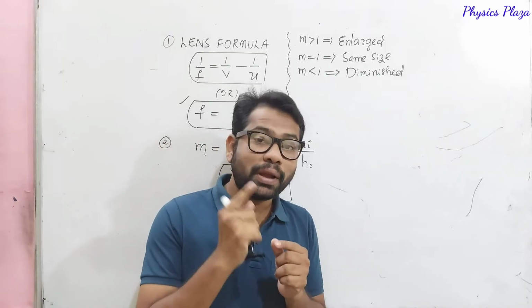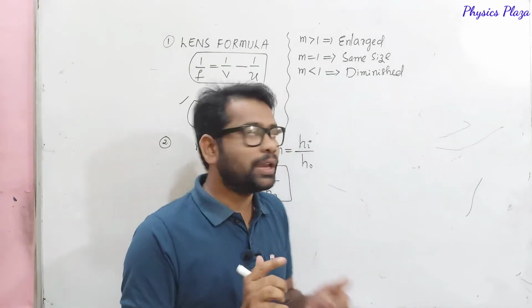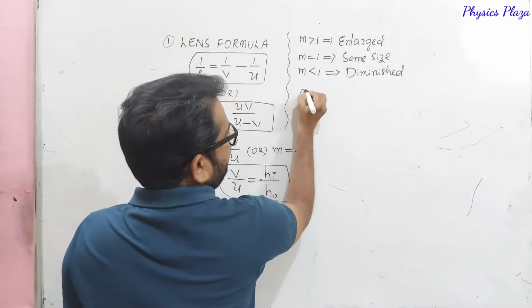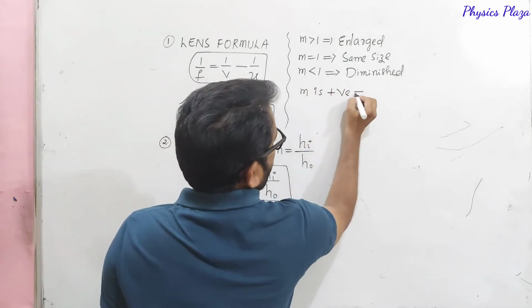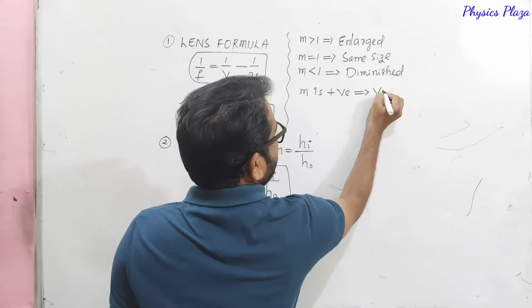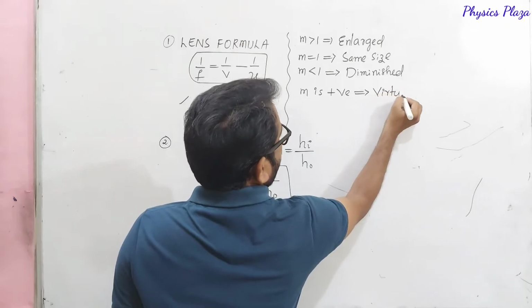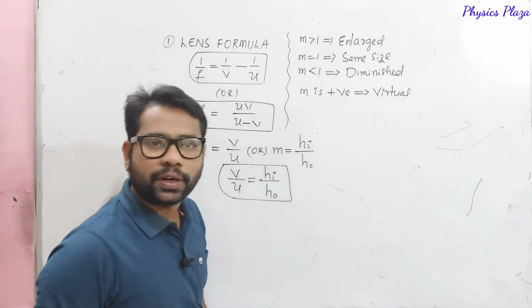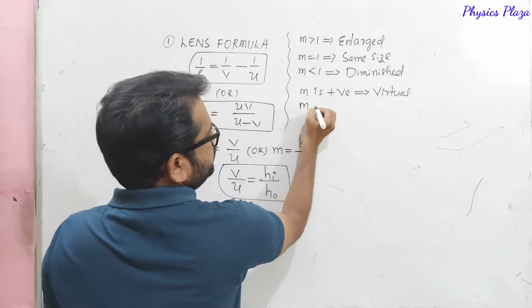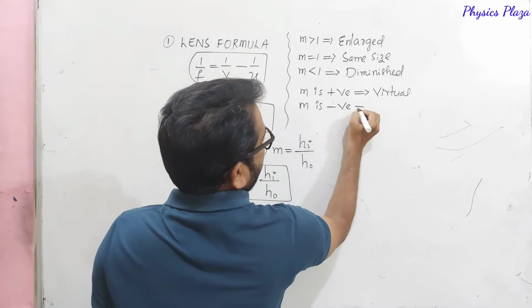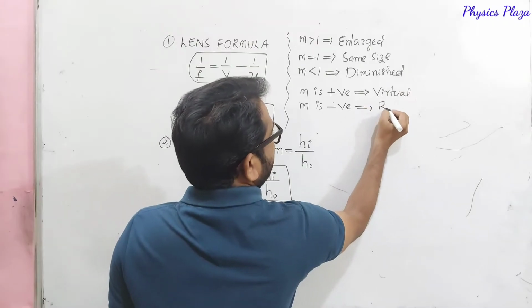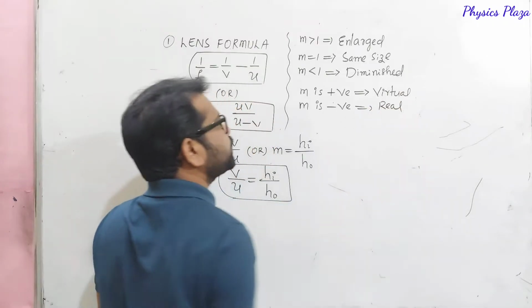By knowing the sign of m as well: if m is positive, then it is virtual and erect. Virtual by default is erect only. If m is negative, then it is real and inverted.